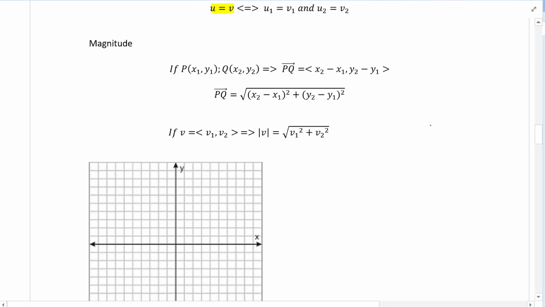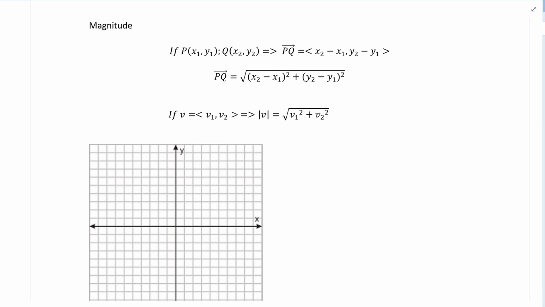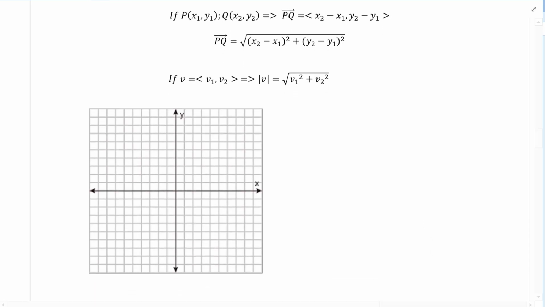Now, since we are dealing with a coordinate system and not all the vectors start at the origin, let's look at them from having points in the coordinate system. So if P is here and Q is here, P has coordinates x sub 1, y sub 1, and Q has coordinates x sub 2, y sub 2.